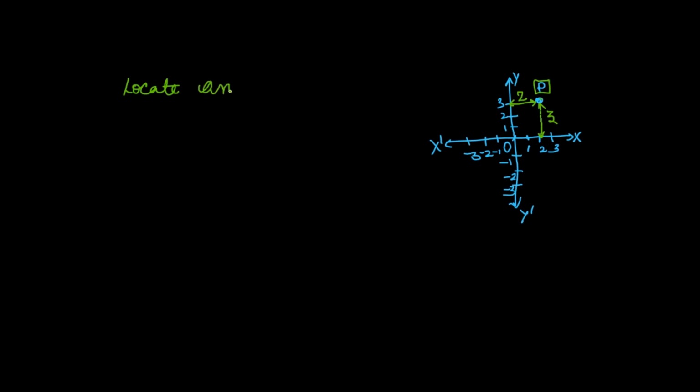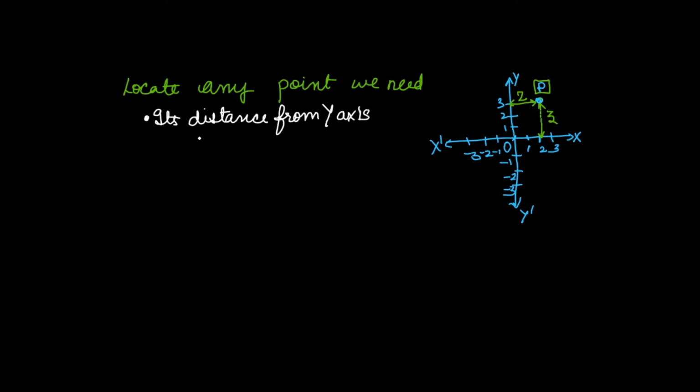Okay, so to locate any point, what all do we need? We need, number 1, its distance from the y-axis, and the second thing needed is its distance from the x-axis.